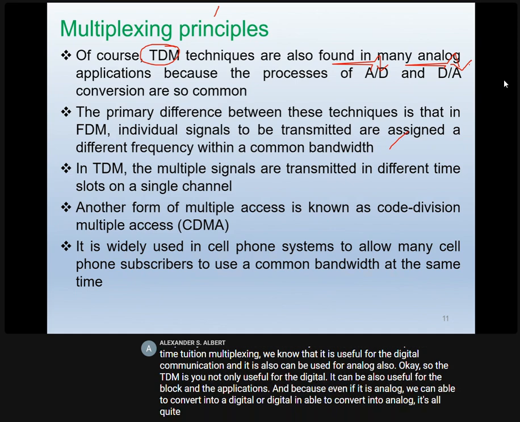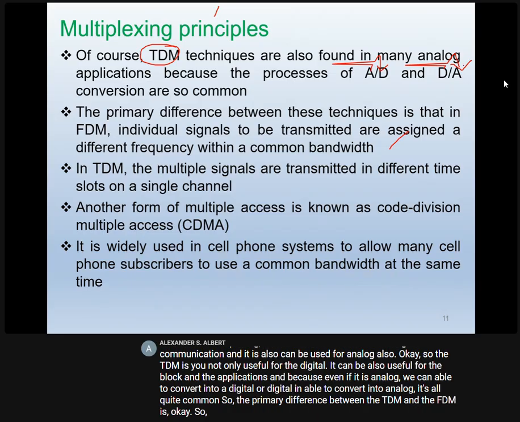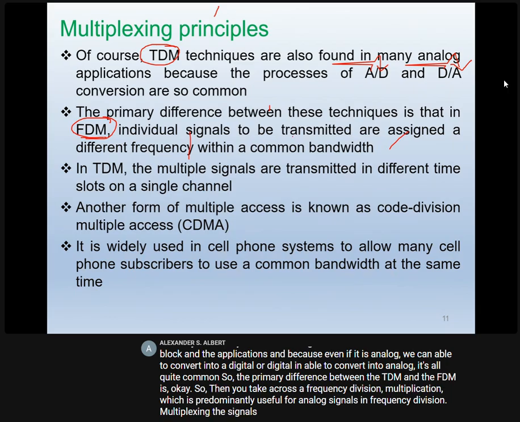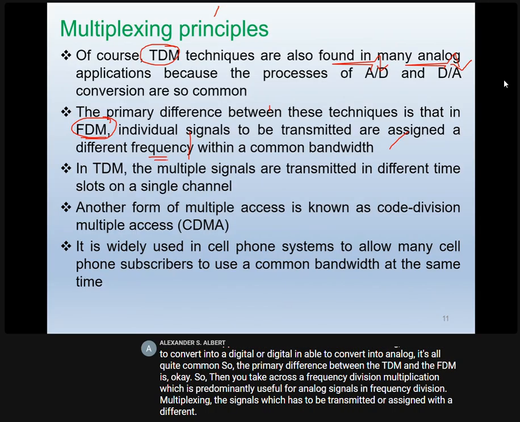It is all quite common. The primary difference between TDM and FDM is this: frequency division multiplexing is predominantly useful for analog signals, and in it the signals to be transmitted are each assigned a different frequency.